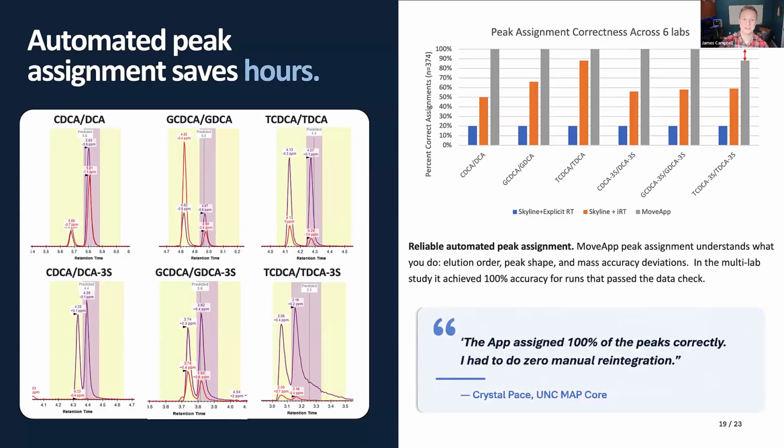In fact, you never see these kinds of results, I feel like, where we ran, as a part of our bile acids kit development process, a study across 6 different labs. And all of those labs were able to go through the process using the software.